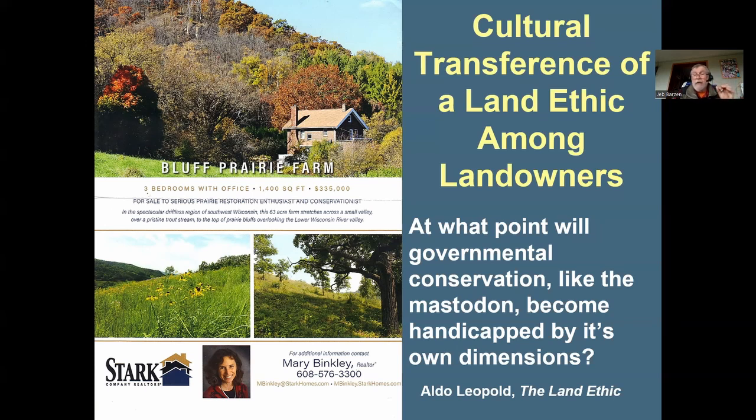And as Leopold said, at what point will governmental conservation, like the mastodon, become handicapped by its own dimensions? In other words, we can't buy it all. We can't do easements on it all. We have to find ways that culturally we are able to be good stewards of the land in such a way that we can solve our environmental problems that are land-based, like global warming, like declining biological diversity, like groundwater recharge, like soil erosion, those sorts of things.